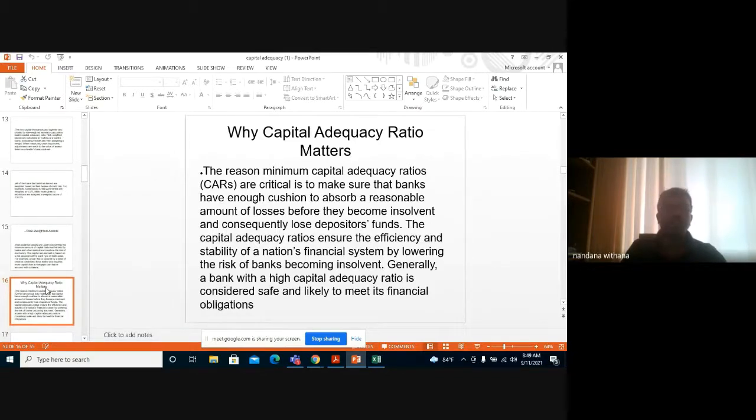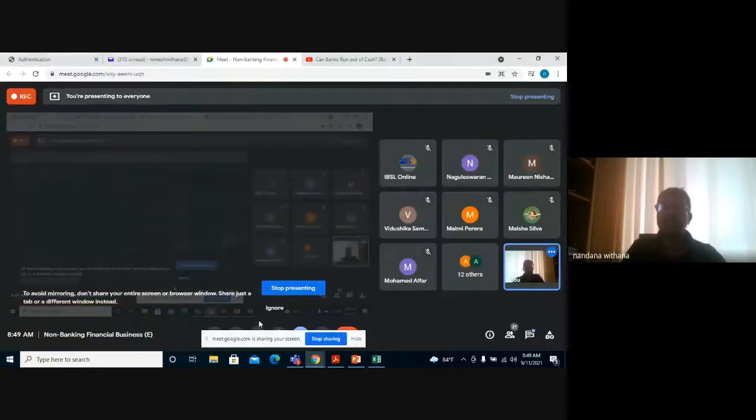Means what? We believe if one bank anywhere in the world collapses, that will have a negative impact on all the other banks. That is not the case with any other businesses. Now, let's assume in your town, you have two bakeries competing with each other. Now, these days, with the three-wheelers, they are coming to your doorsteps and selling bread, buns, and other things.